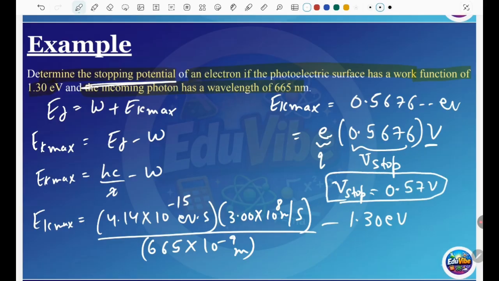Always when you are told to find the stopping potential, you have to go like this. You have to find the EK max, and compare the EK max with the stopping potential, and you get your eV stop. So that's how you have to deal with it. You can't go directly, because you don't have q.